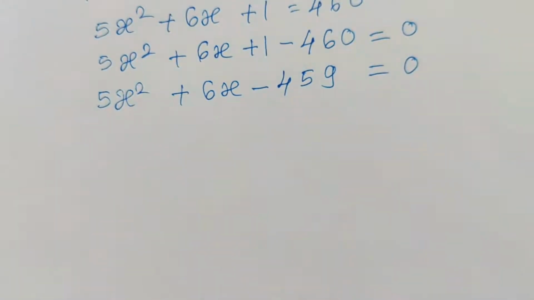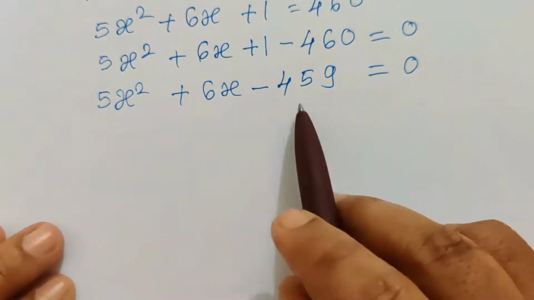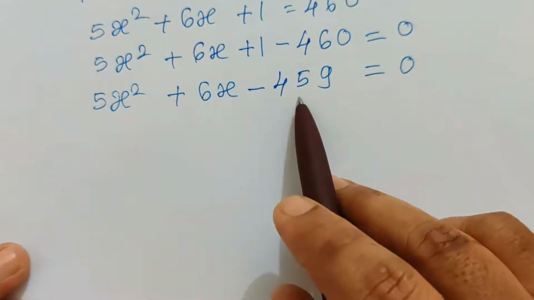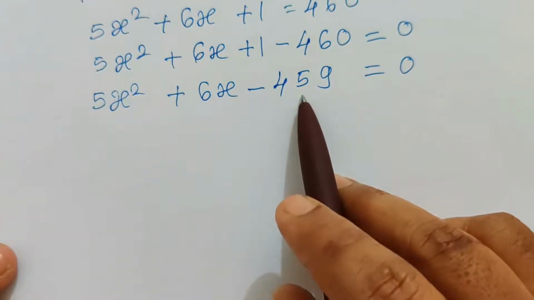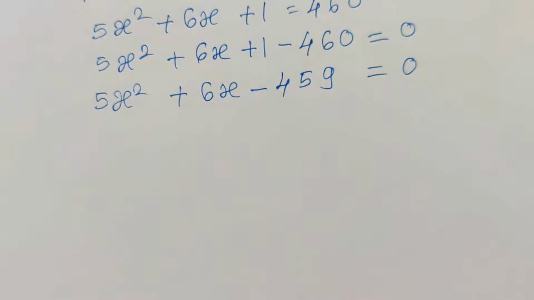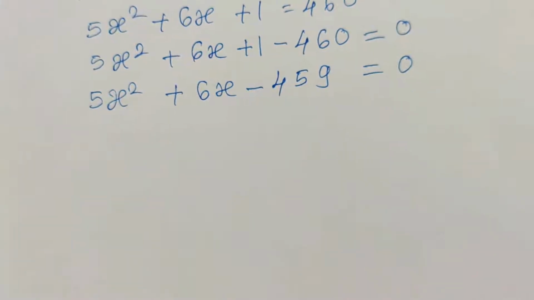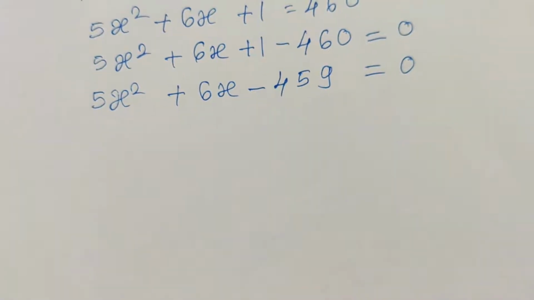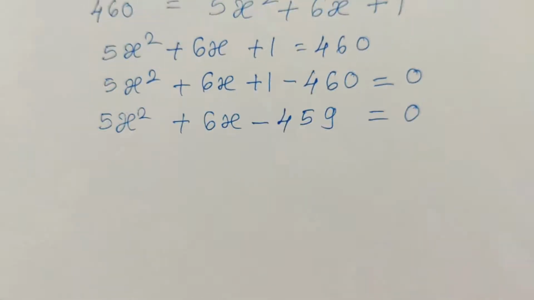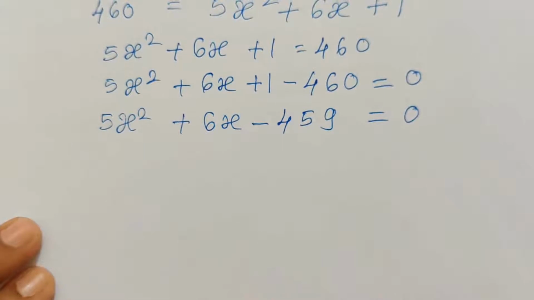Instead of taking the product, you can see 459 is a product of 45 multiplied by 51. So the two numbers which give us the product 5 multiplied by 459 are 45 and 51.